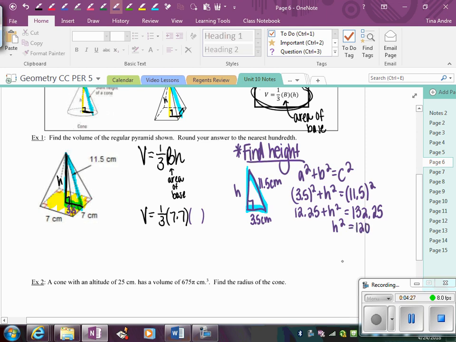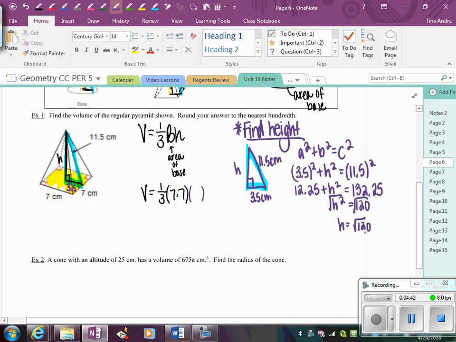And then I'm going to go ahead and just square root. So I get h equals the square root of 120. Now, if we can break this down, that would probably be beneficial just so it's a little bit easier. If you left it as the square root of 120, though, that would be okay. I wouldn't write it as a decimal, though, because when you go to plug back in, you're going to have to put in all those decimal places, because remember, we don't want to round till the end.